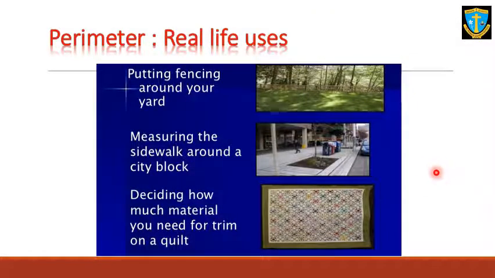Perimeter real life uses will be like putting a fence around your garden or yard, or measuring the sidewalk around a city block, footpath also, how much footpath is needed, or even to put a boundary around the quilt, for the borders, how much material you need. That is also perimeter in real life.